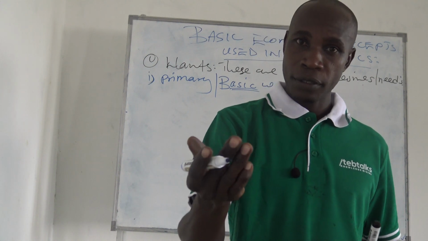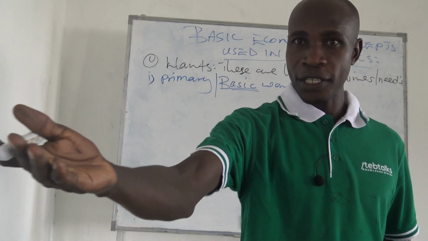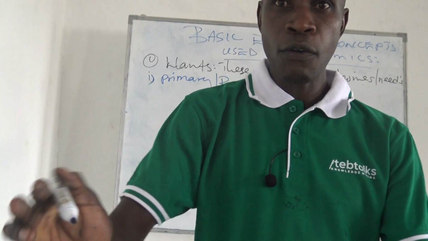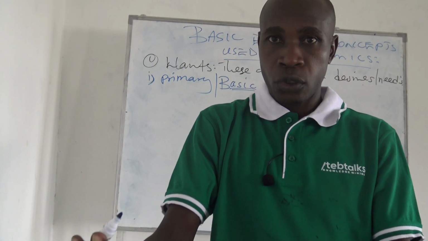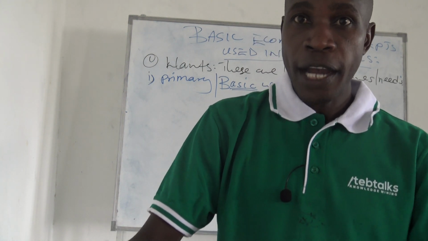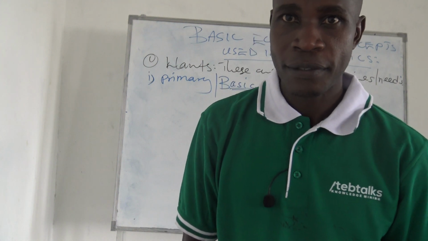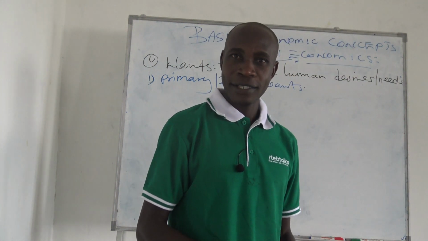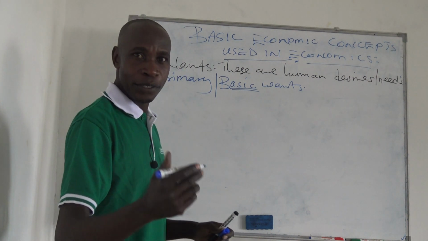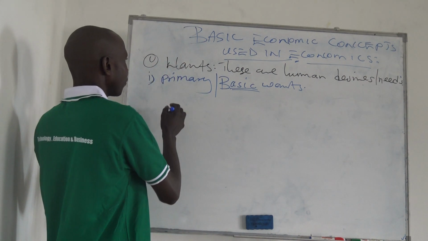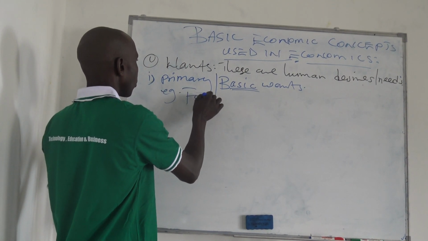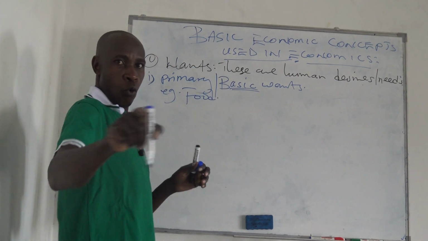For example, yes, you here, tell me, what are some of the examples of such items, wants, needs, that you cannot do without? Please. Yes, very good. We have examples. We have food.